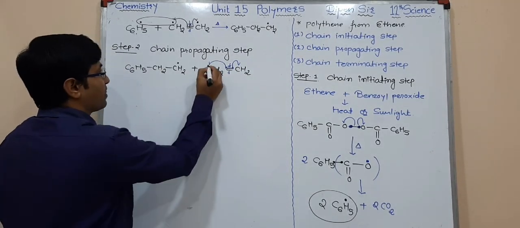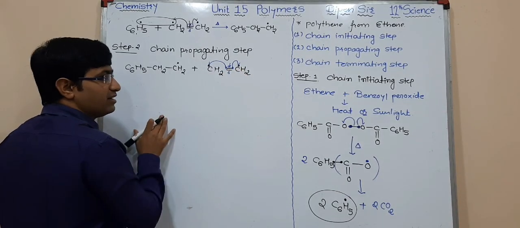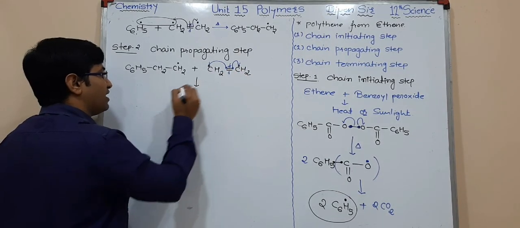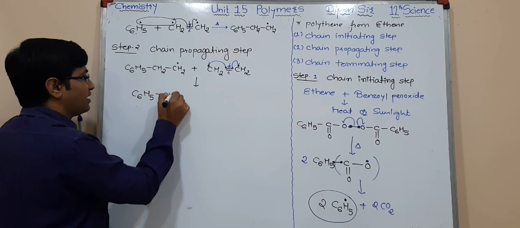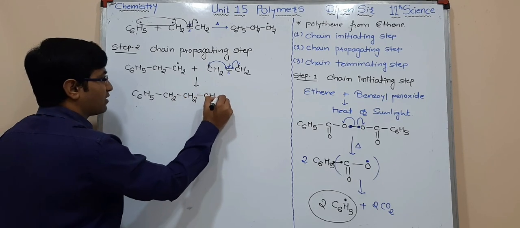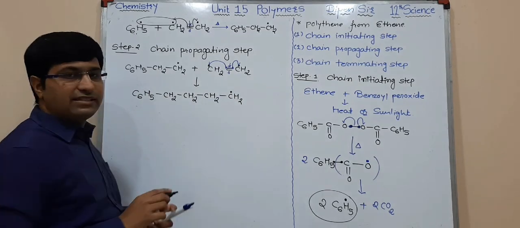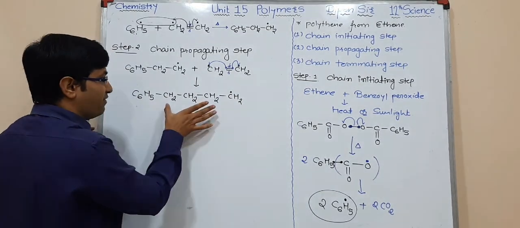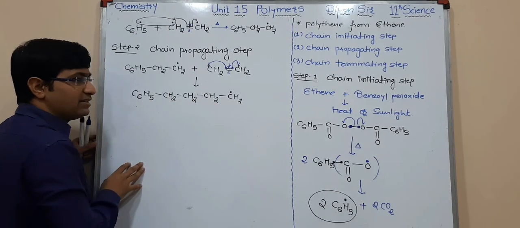By receiving this electron, it reacts with the free radical and increases the chain length. Yes, the chain length increases. That means the chain length of the phenyl free radical increases.